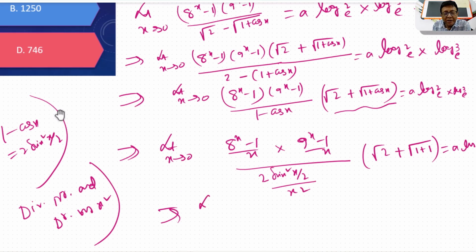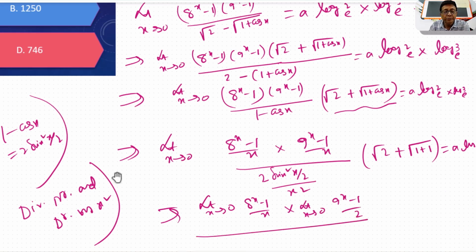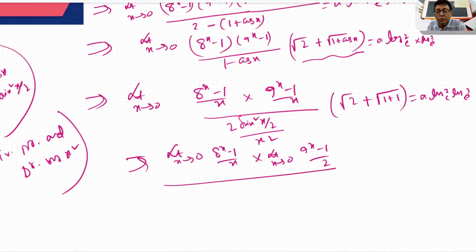So this implies limit x tending to 0, 8 to the power x minus 1 by x. None of them are undefined, so you can split into a product of limits or quotient if required. This also is not an undefined one.